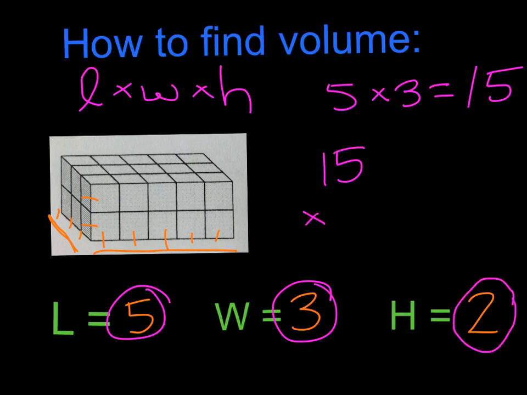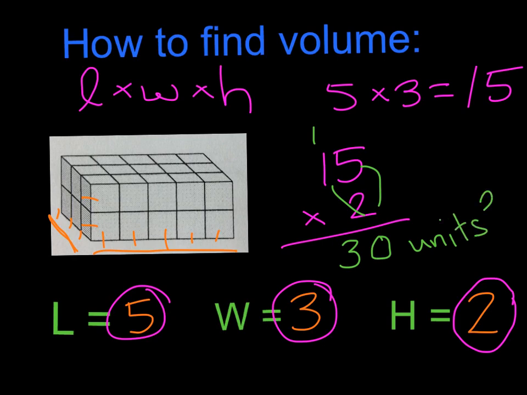Then I do 15 times 2. 5 times 2 is 10. I carry my 1, bring down my 0. 2 times 1 is 2, plus 1 is 3. So my volume is 30 units cubed, or 30 cubic units. And that is the volume of this rectangular prism.